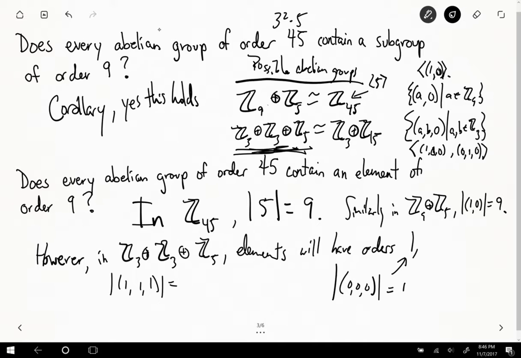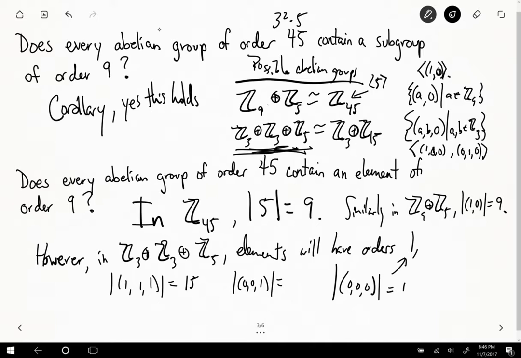Oh, and I forgot 5, my apologies. 5 would be 2, 2, and 0, which is also not working. 9 didn't work, so now we move to 15. When you go to 15, what happens? In that case, you'd get 0 in this coordinate, 0 in the second coordinate, and 0 in the third coordinate, so this thing has order 15. So 15 is a possibility. 5 is a possibility if you go the order of 0, 0, 1.